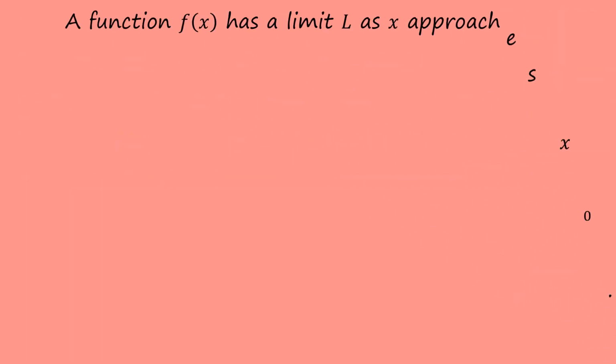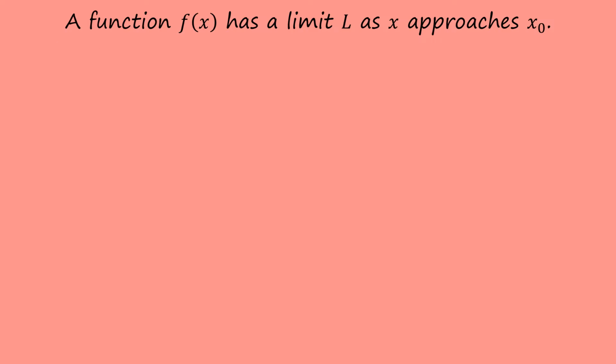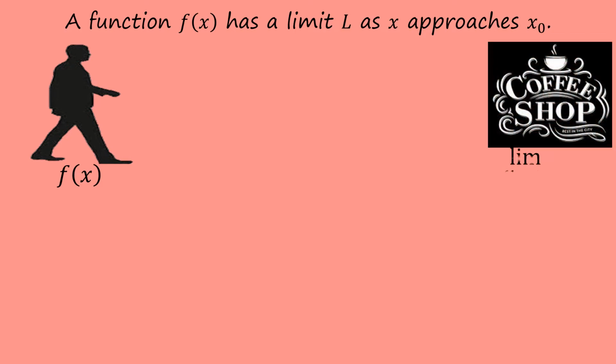A function f of x has a limit L as x approaches x0. Let's consider this example: you want to get a coffee from a coffee shop. You are the function and the coffee shop is the limit of the function. Then you take steps to get to the coffee shop. Let's say the first step is x1, which is closer to the coffee shop.